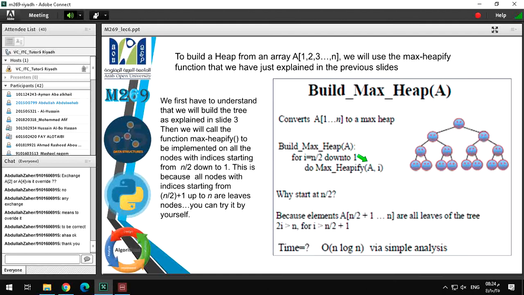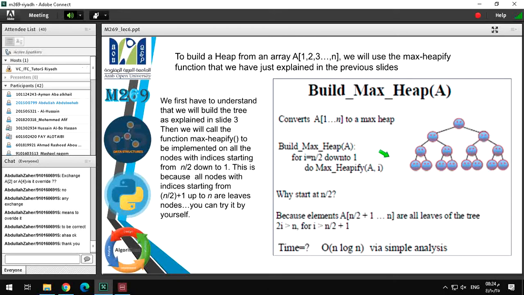This means for all items from the half of the tree backward down to number 1, max-heapify. Why do they do this? Because all the other nodes greater than n divided by 2 are leaves.